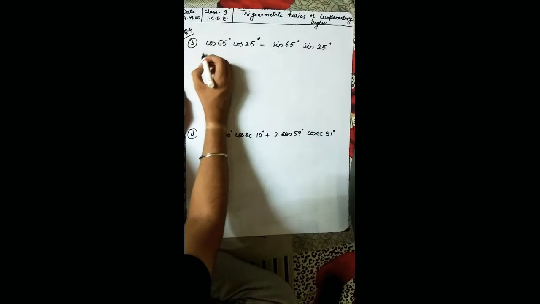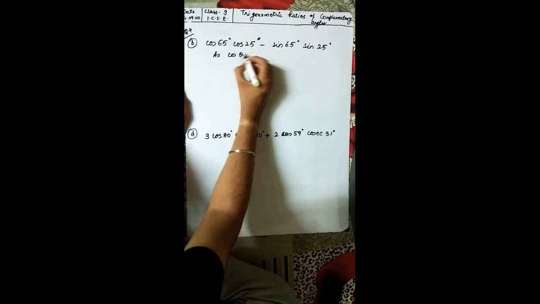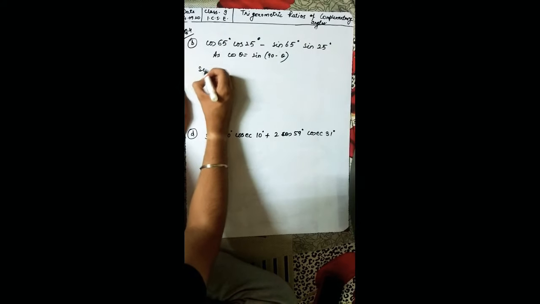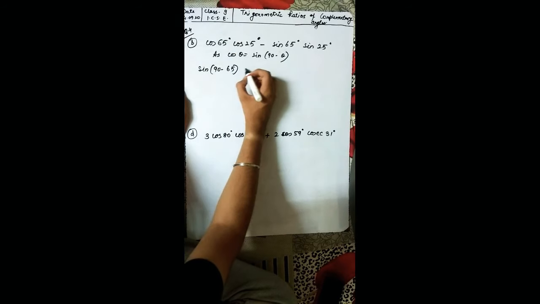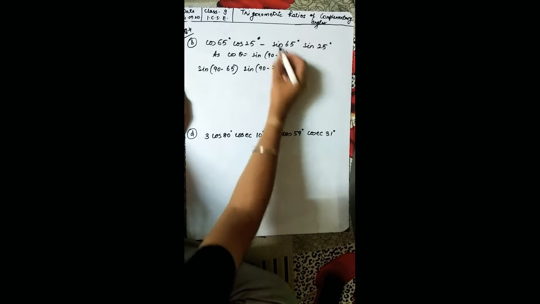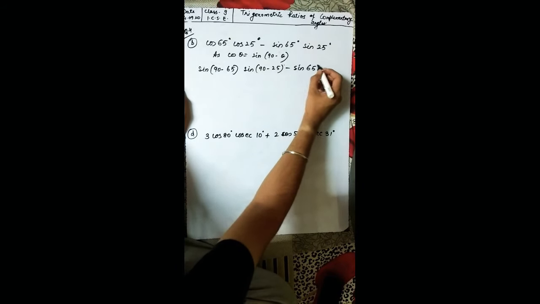So if you change this cos 65, as cos theta is sine 90 minus theta, this cos can be written as sine 90 minus 65, and this also sine 90 minus 25, and they are already in sine, so just keep it as it is.